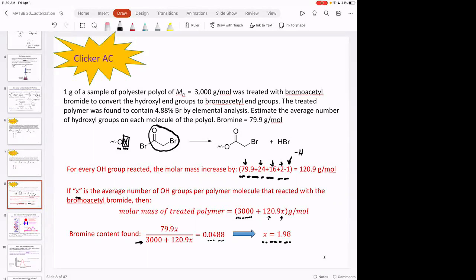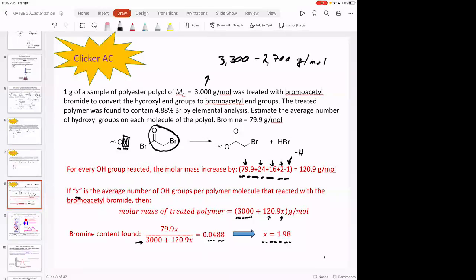And plus or minus 10% on 3,000 grams per mole means that you could have 3,300 to 2,700 grams per mole. So that seems like a big span, but that's plus 10% and minus 10% from the nominal value.